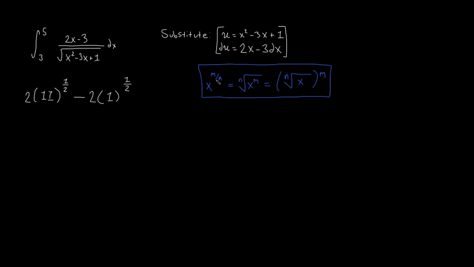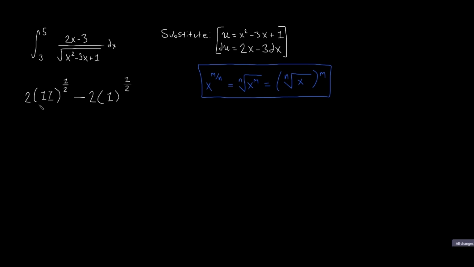If you have something that's raised to a fractional power, the denominator of that fractional power can be put into the index of a radical, and then the base of the exponent is going to be raised to the power of what you originally had in the numerator. This is also the same thing as taking the original denominator as the index over the original base, and then raising the entire thing to the power of what you originally had in the numerator.